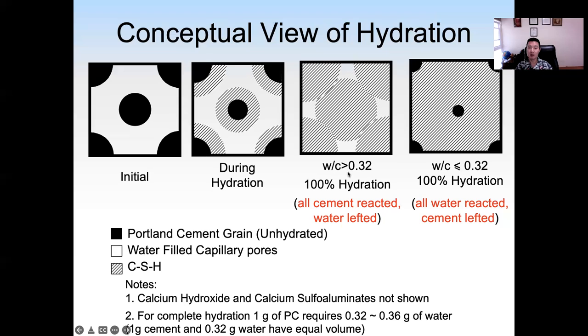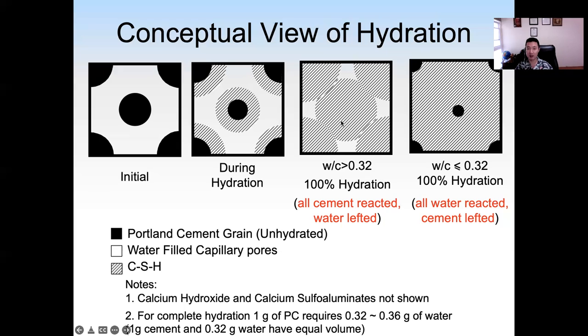So if the water to cement ratio is larger than 0.32, after 100% hydration, the hydration stops due to lack of unhydrated cement. So when the water cement ratio is larger than 0.32, all the cement is consumed.